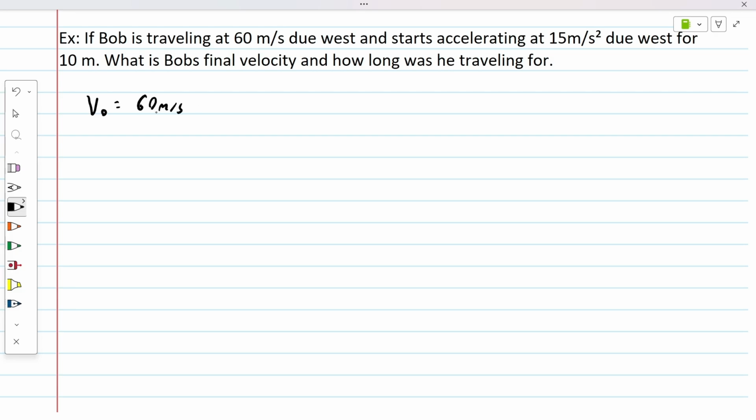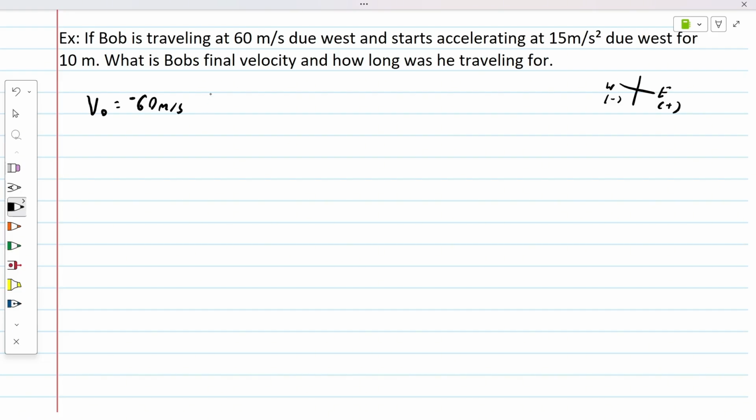And we know it's due west, so if we have our compass over here, we'll just draw it over here. Typically we'll use west as the negative since it's to the left. So we'll denote west as negative, and I'll just draw that over here. So we'll make this value a negative, and now from now on any west directions will be negative and east will be positive.